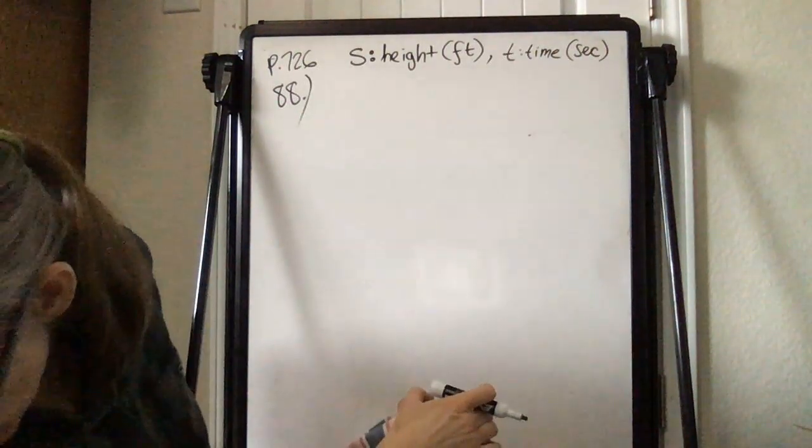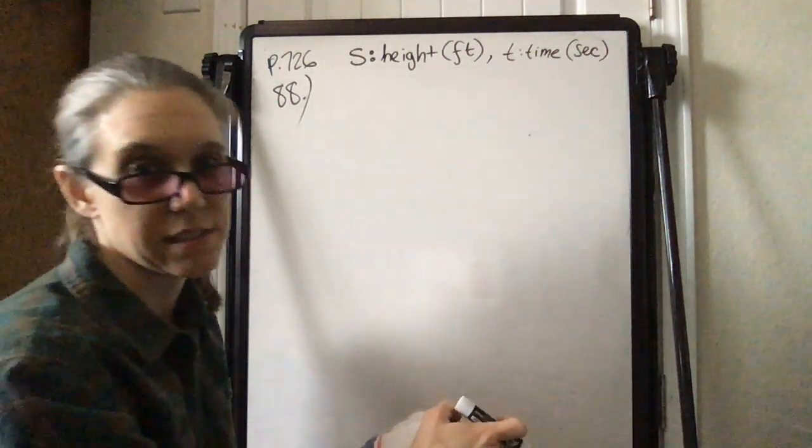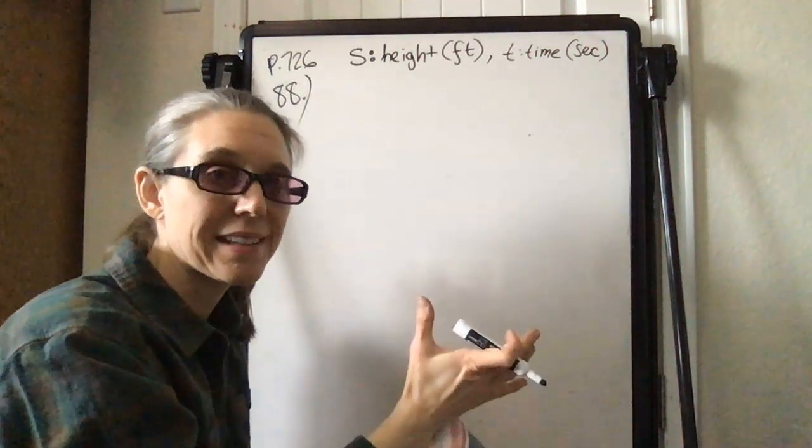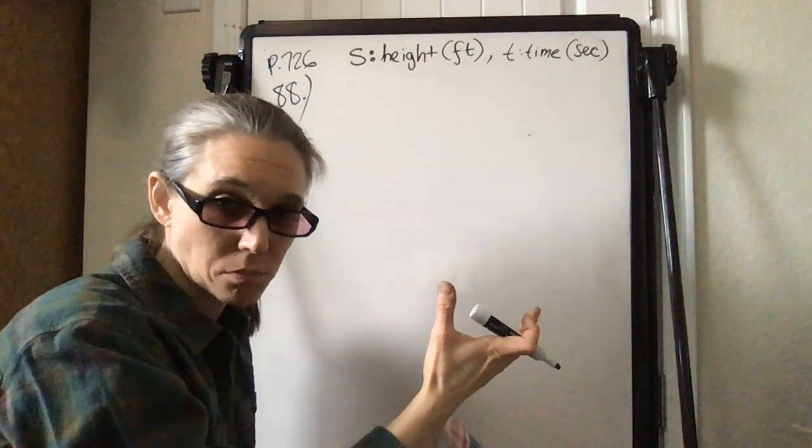And you will always see a negative 16t squared as long as we're dealing with feet per second gravity.